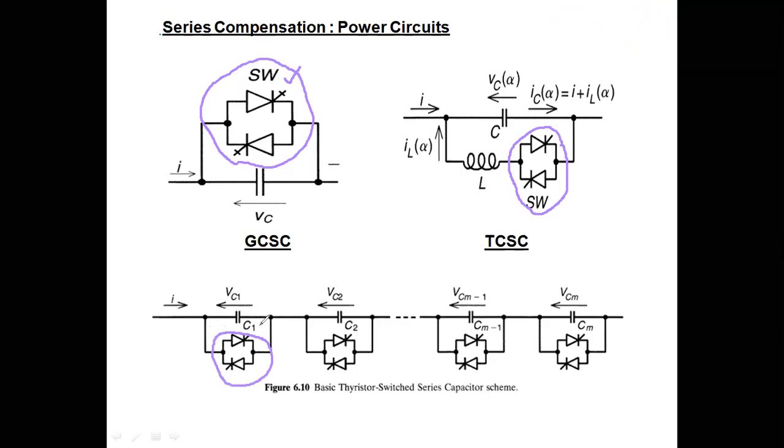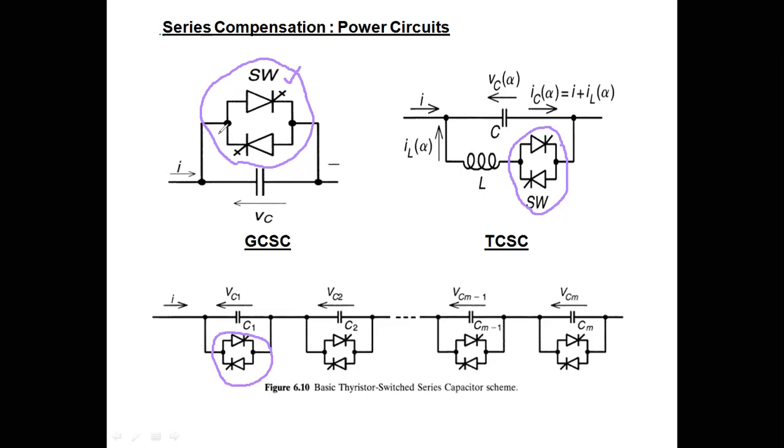Generally we use one device as a switch, but here we use two devices because of this AC supply. So in this case we have two GTOs connected anti-parallel. In the second or third, we have thyristors connected anti-parallel. That is a switch or a valve in any of the cases.